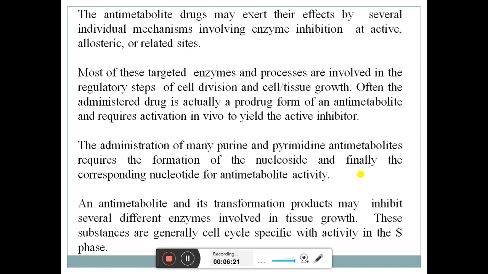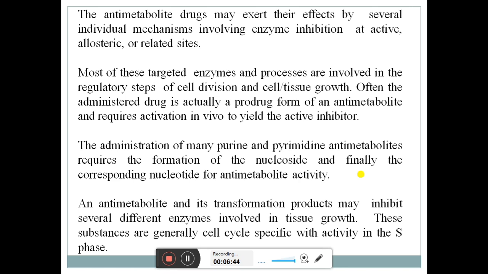Often the administered drug is actually a prodrug form of an antimetabolite and it requires activation in vivo to yield the active inhibitor. So sometimes these drugs act as prodrugs, and they need activation whenever they enter our body.